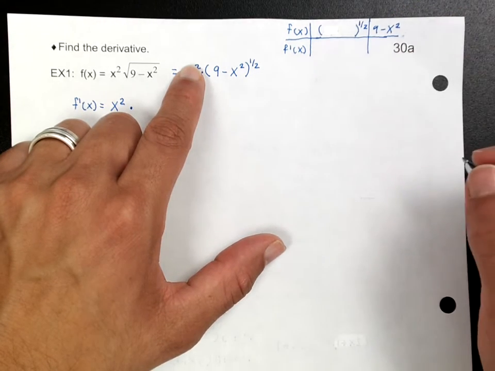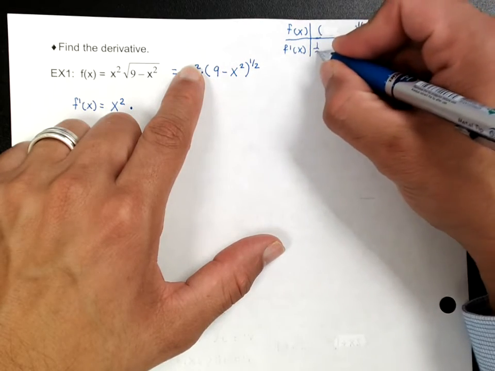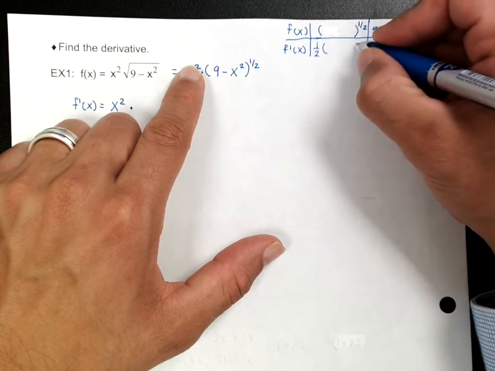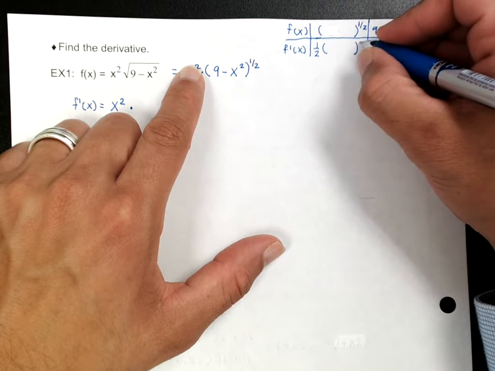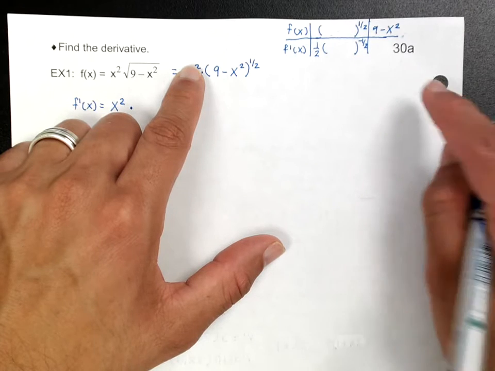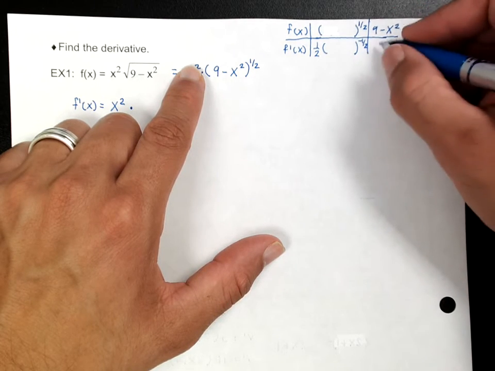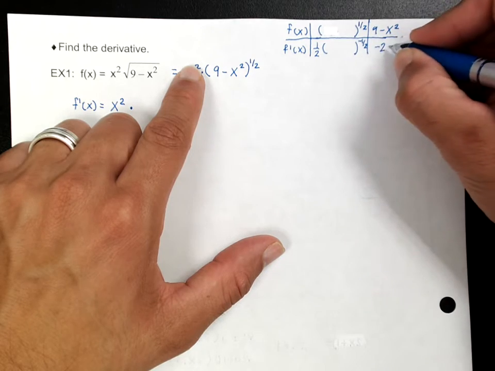Okay? So now, the derivative of the outer would be 1/2 times the inner to the negative 1/2 power, like that. And the derivative of the inner function, 9 minus x squared, would be negative 2x.